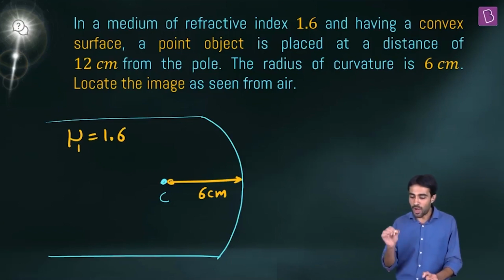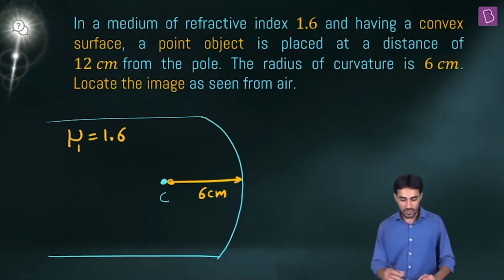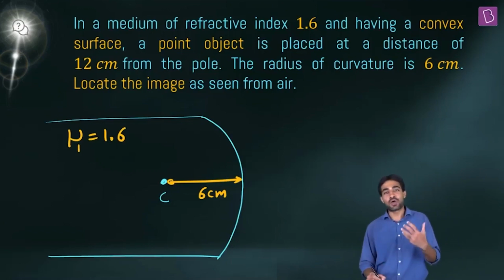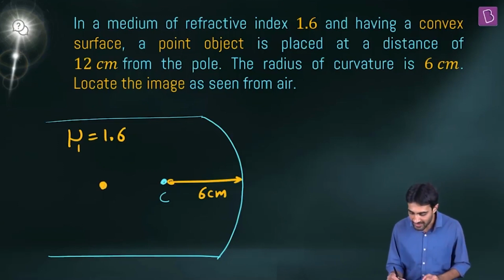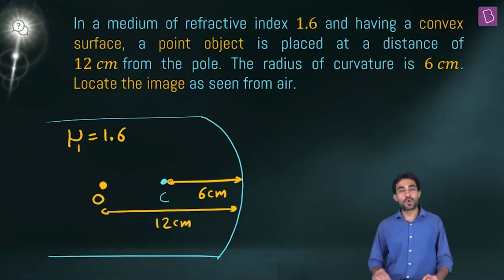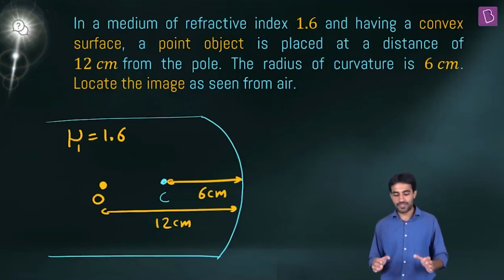Now, the point object is placed at a distance of 12 cm from the pole. So, from this surface, let's place the object at a distance of 12 cm. So, this is our object at a distance of 12 cm. This is object O. Now the radius of curvature is 6 cm.